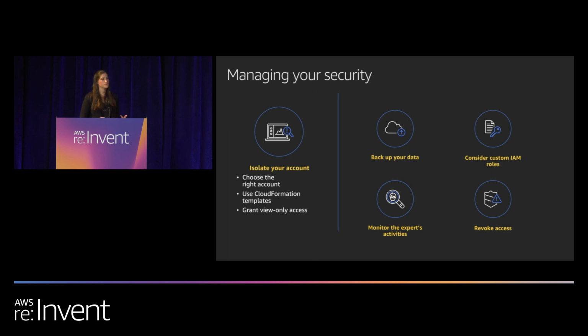On IQ, we have those 9 job functions that I spoke about, but if you need more specific policies, you can always create your own, as you typically would. Finally, no matter how you're granting access to your account, you'll need to monitor the third party's activities in your account and make sure you're revoking access. Don't forget to revoke access when a project is completed. But as I said, on IQ, we take care of that for you.